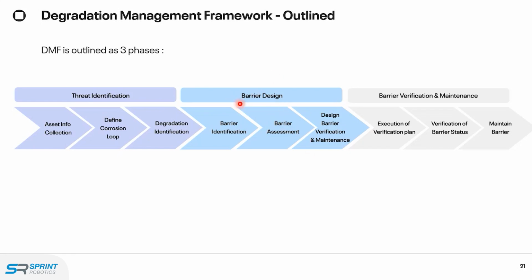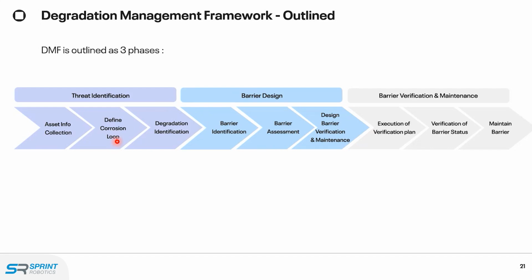So barrier design is about assigning a barrier to a degradation, right? If I have CUI, I need a barrier such as a coating, right? I might need to have an integrity operating window, depending on the degradation mechanism. One of the libraries that we have in IMS is a library of barrier types per degradation mechanism.